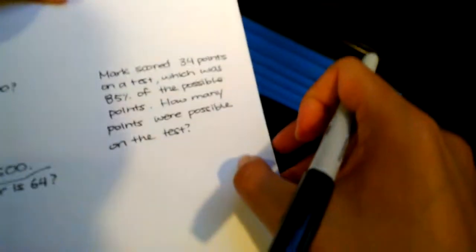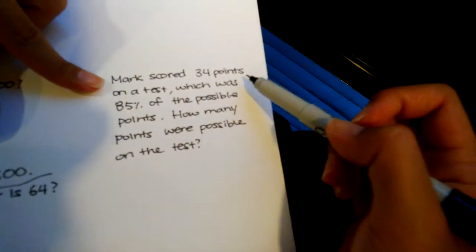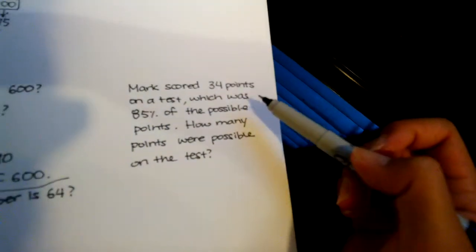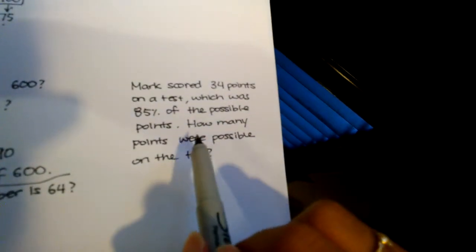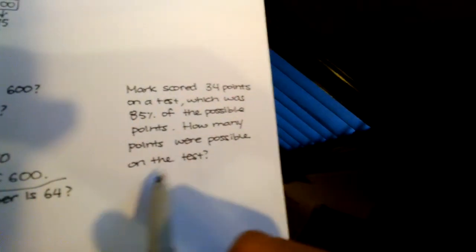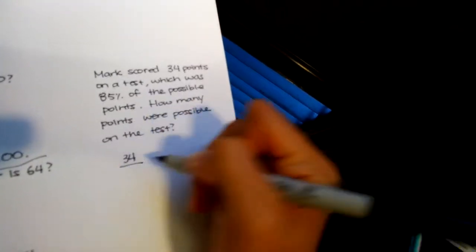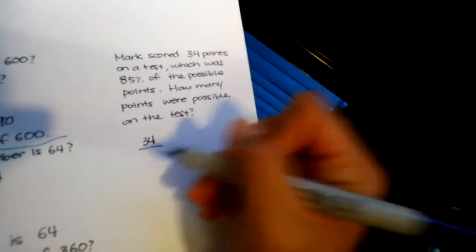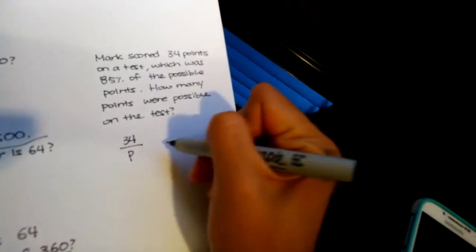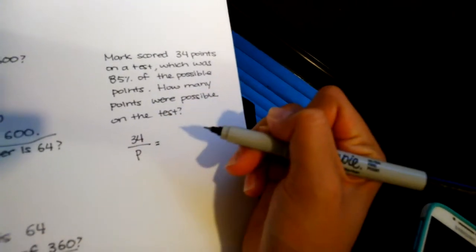Last example for this section. Mark scored 34 points on the test, which was 85% of the possible points. How many points were possible on the test? He got 34 points of, and we don't know how many points were possible, so we'll say P, is equal to 85%.